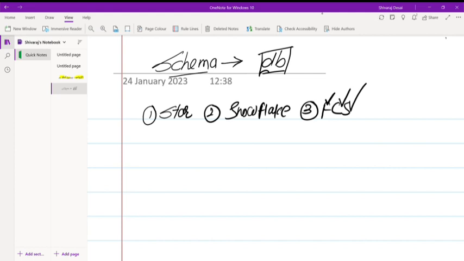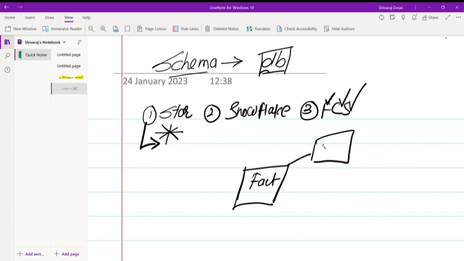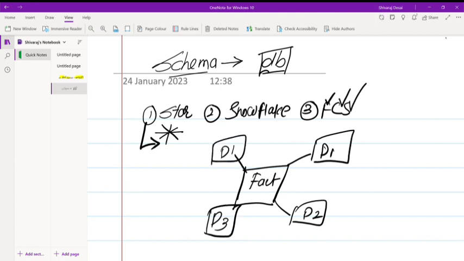So let's start with the star schema. A star schema basically looks like a star. We have a structure like this: a fact table and associated dimension tables like D1, D2, D3, and the last one D4.